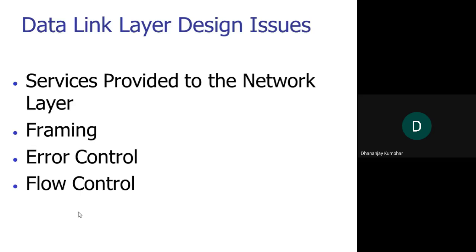Whatever message you want to convey, or if a parcel needs to be sent, we send it in an envelope, close it, add the address of the sender as well as the receiver, and then drop it into a mailbox. That's exactly what we do in framing.